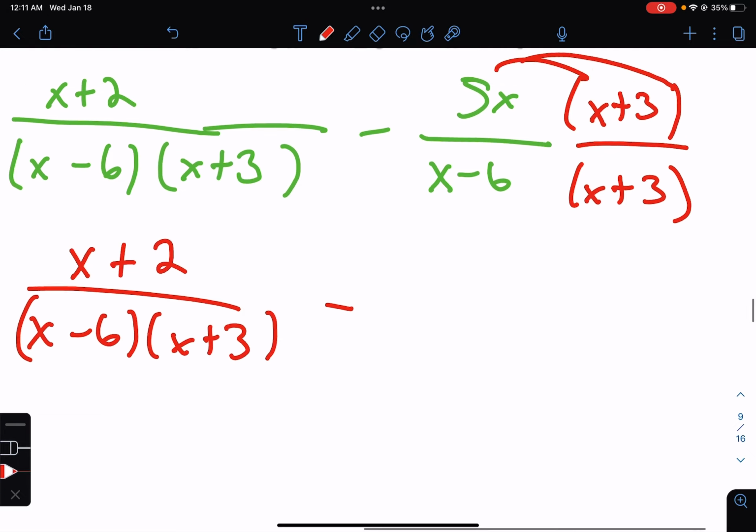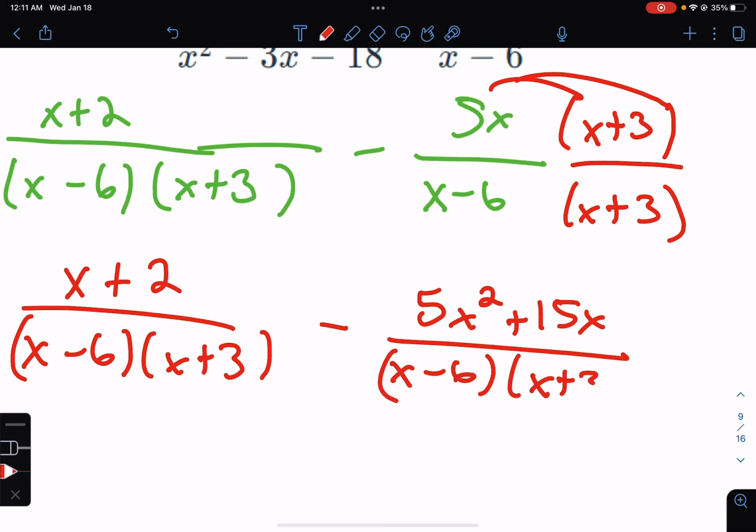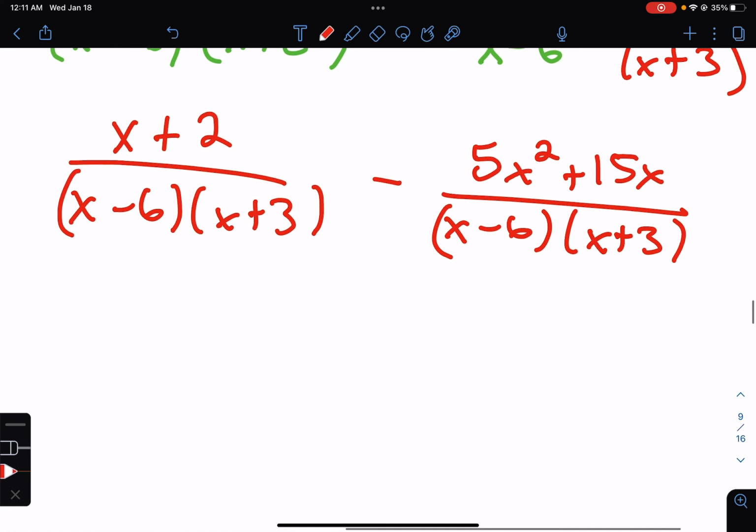We've got minus, and then when we distribute, we get 5x squared plus 15x all over x minus 6, x plus 3. Then, this is very important, and this is what I know a lot of y'all are going to get tripped up on. You have to make sure you distribute this negative to both terms, not just the 5x squared. It has to go to the 15x as well.